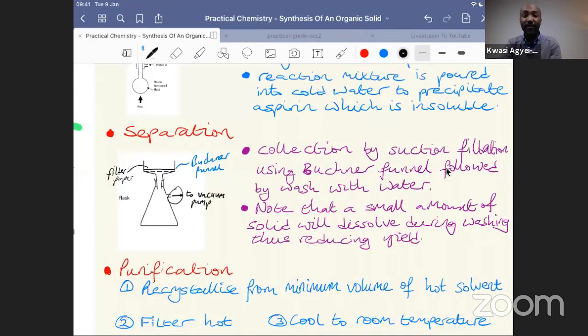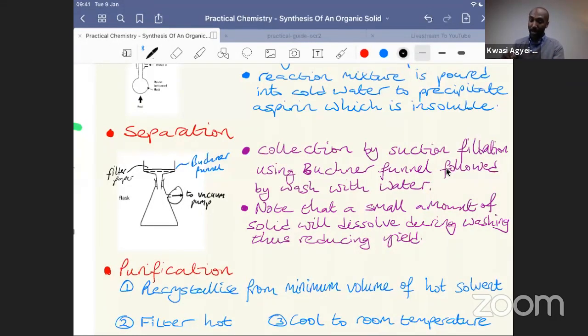Now, even if you're using cold water, a very small amount of your solid may well dissolve in the washing process, and that's one area where yield can be lowered. There's nothing you can do about it. It's just that the process means that you're not going to get 100% yield.